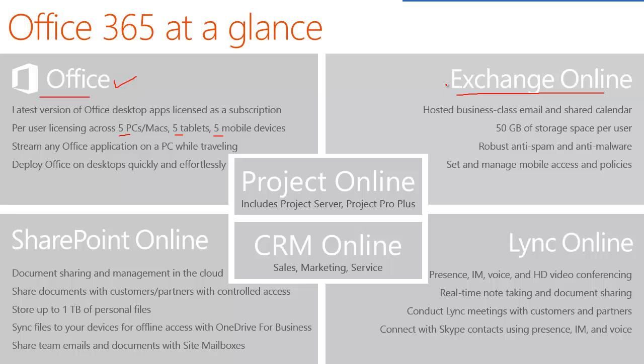So Exchange Online is the cloud version of Microsoft Exchange, which has been the standard for your business class email for many years. Now it's available through a subscription model. You don't have to have your own Exchange servers anymore. You just subscribe to it, and you can connect your Outlook desktop or whatever mail client you're currently using and point to it, and away you go. It gets you out of the server business of having to have your own email servers.